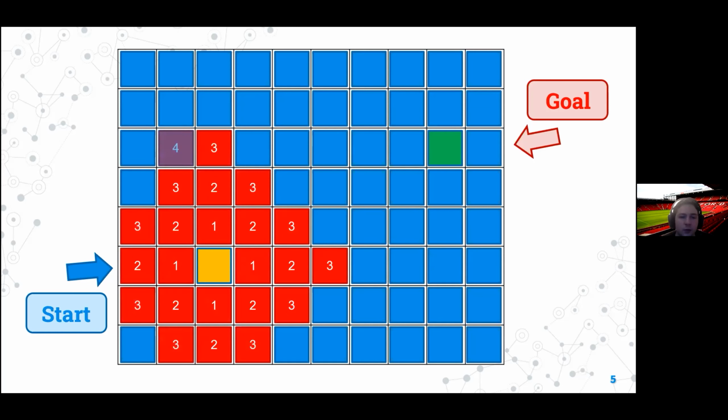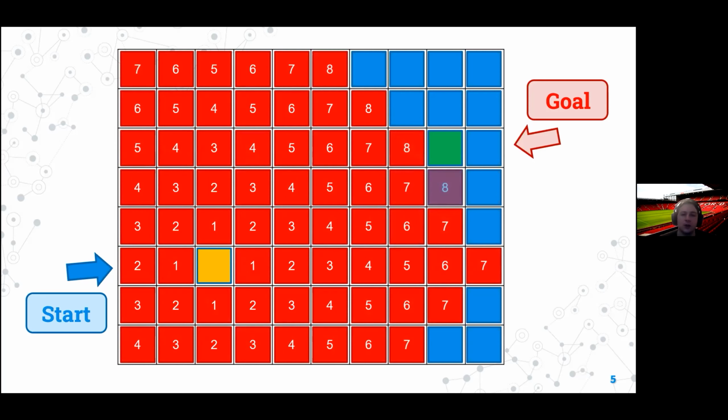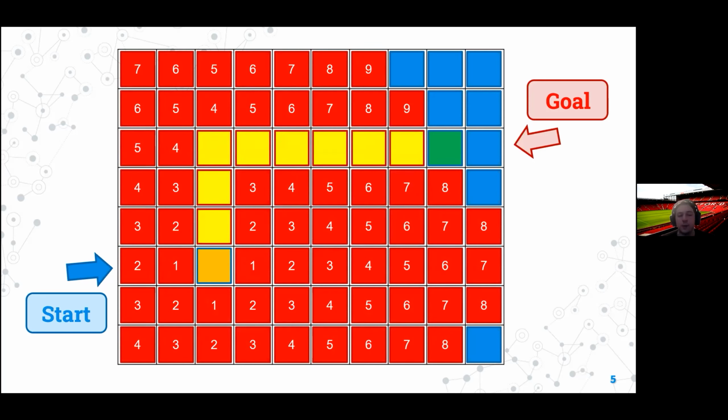And then we move through the algorithm, and essentially, this is what's going to happen. It's just going to keep checking the next nearest start point, and it's going to go round and round and round until it eventually stumbles across our goal. And then it finds the shortest path. So it does find the shortest path, but I think you can probably feel the inefficiency here.